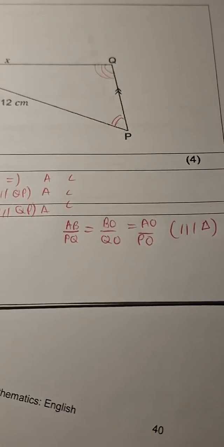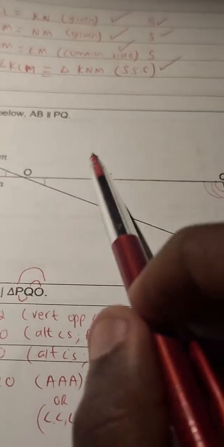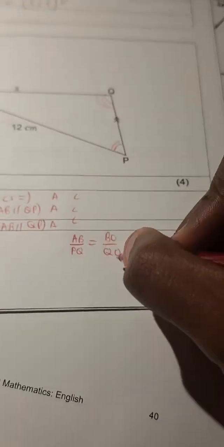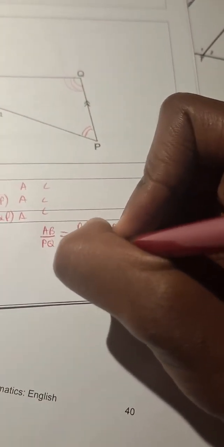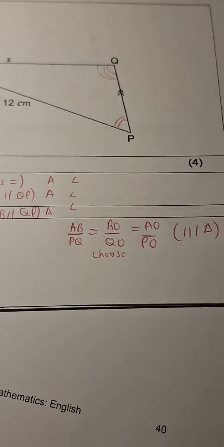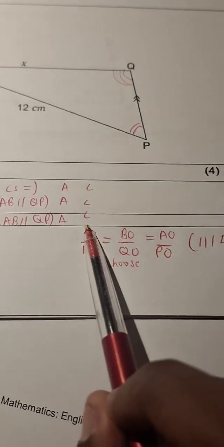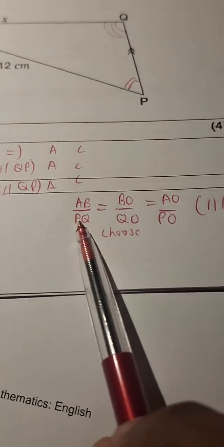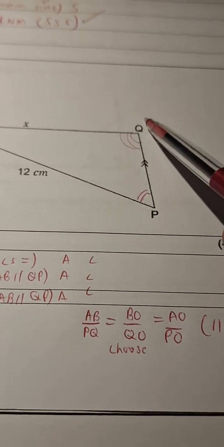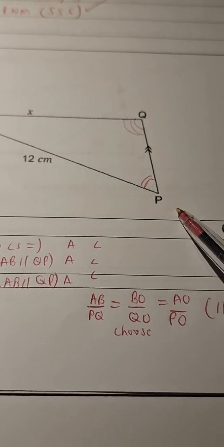Now, remember, what do I want to find? I want to find x. Where is x? X is OQ. So I'm going to now choose two ratios to equate together. If you look at AB, AB is 4 centimeters. PQ, I don't know.